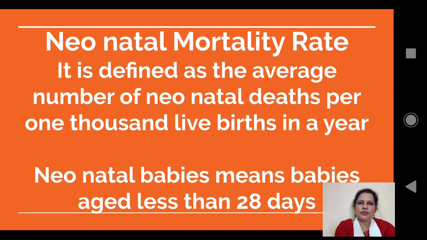The next one is neonatal mortality rate. Neonatal death means death of a baby within 28 days of birth. It is defined as the average number of neonatal deaths per 1000 live births in a year. Neonatal babies means babies aged less than 28 days.